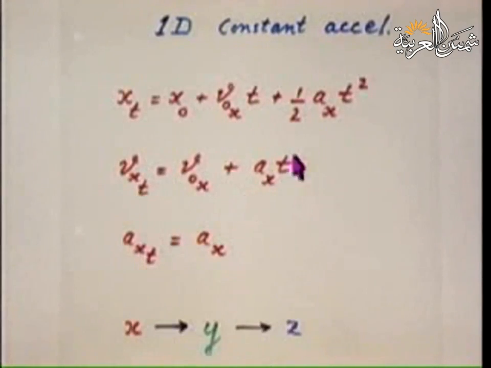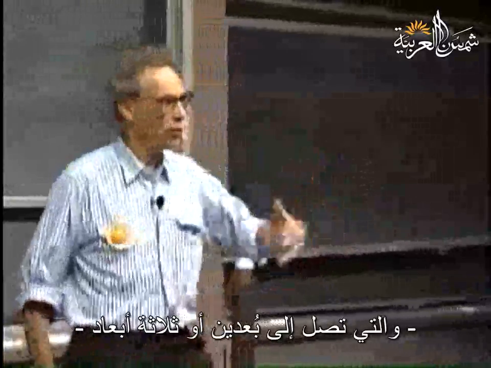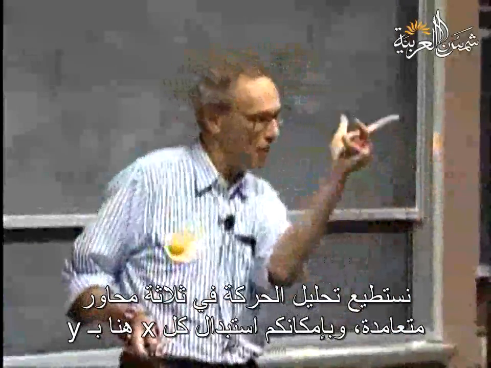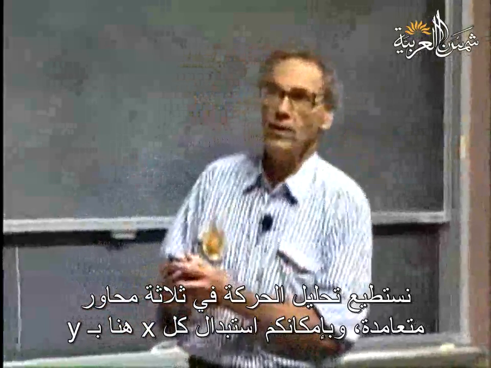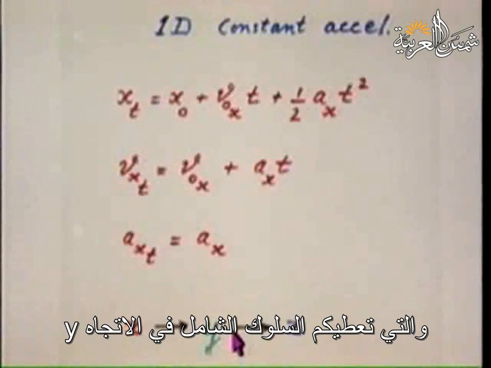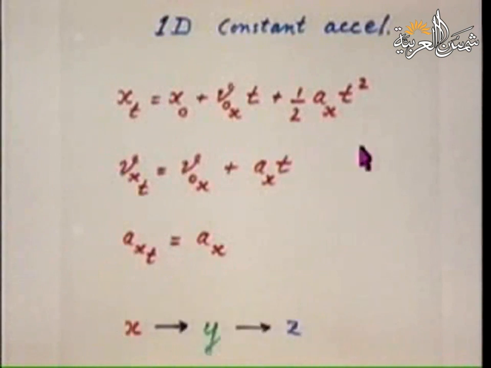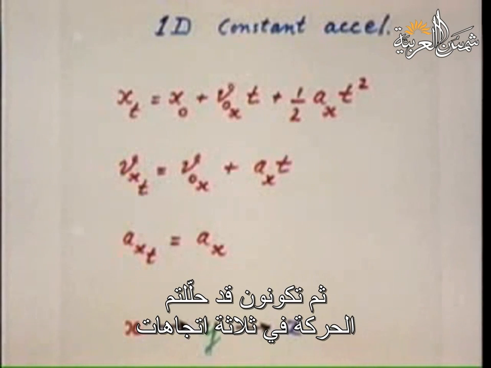Now, if we have a motion which is more complicated, which reaches out to two or three dimensions, we can decompose the motion in three perpendicular axes, and you can replace every x here by a y, which gives you the entire behavior in the y direction, and if you want to know the behavior in the z direction, you replace every x here by z, and then you have decomposed the motion in three directions.